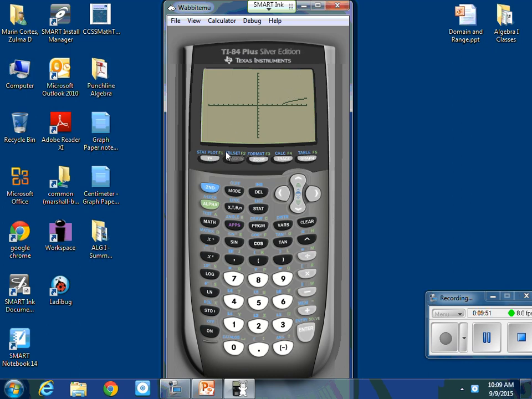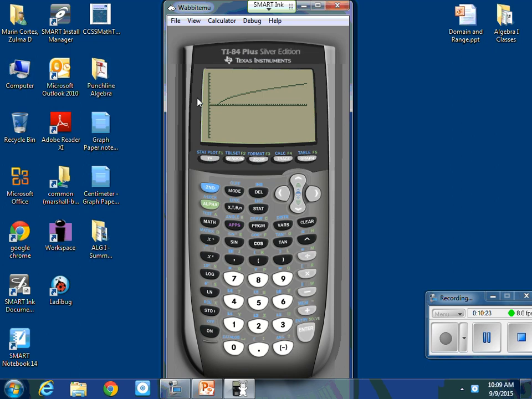I'm going to change my window, and I'm going to put an x minimum of 0 and an x maximum, let's just do 50. And I also noticed that when I graphed it, there was nothing on the y negatives. I'm going to keep it like it is just so that I can see, but there it is.